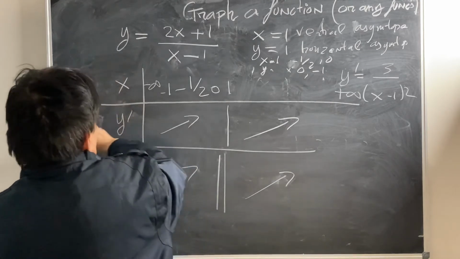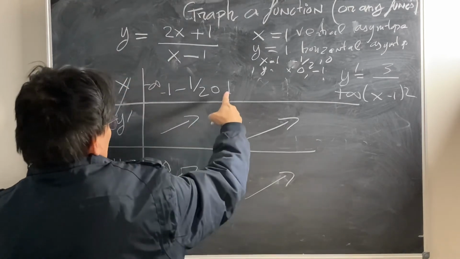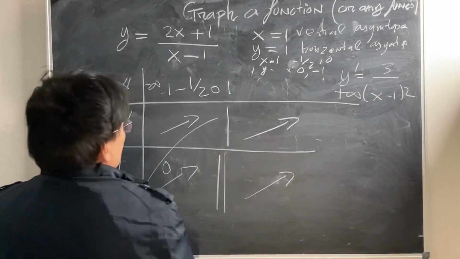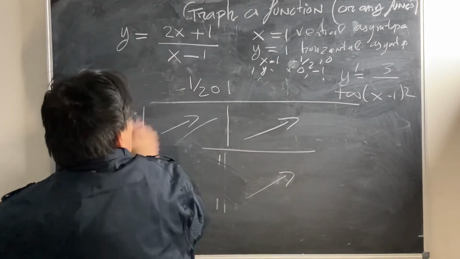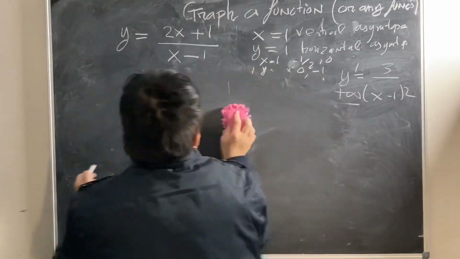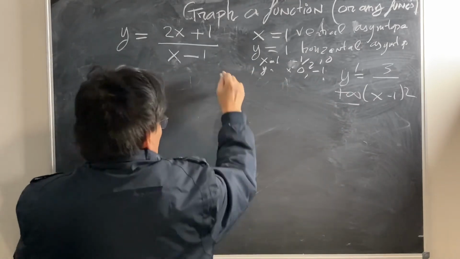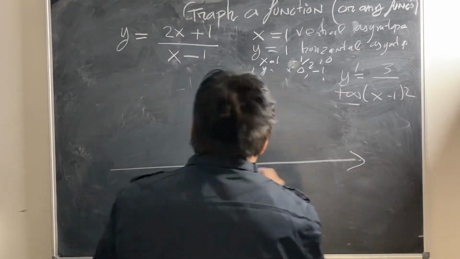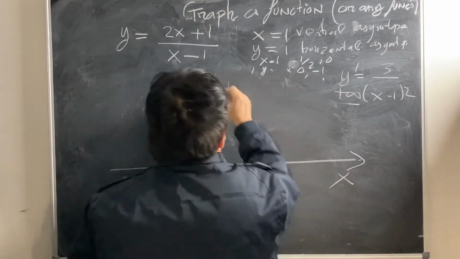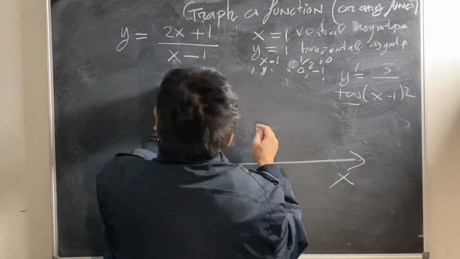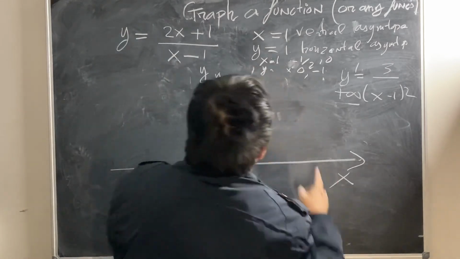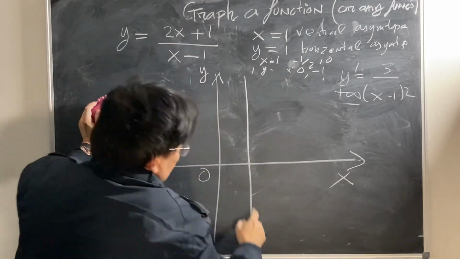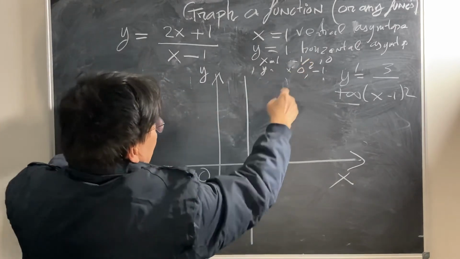So we know it goes this way. Here we have x equals 1, that's the vertical asymptote, and y equals 1.